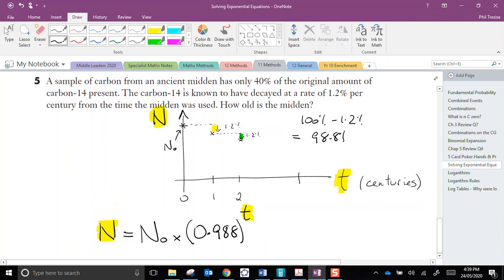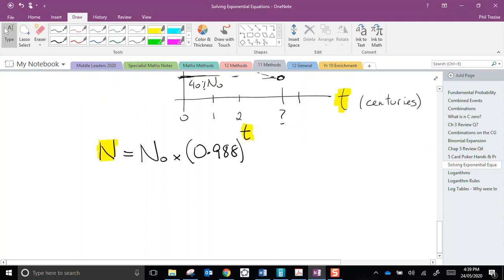A sample of carbon-14 from an ancient midden, so somewhere further down the track here, at some unknown time, we're told that this is 40% of the original amount. We don't know how much the original is in numbers, but we know this amount here is just a bit less than half of what we started with. Okay, I'll write that down. N equals 0.4 times n naught.